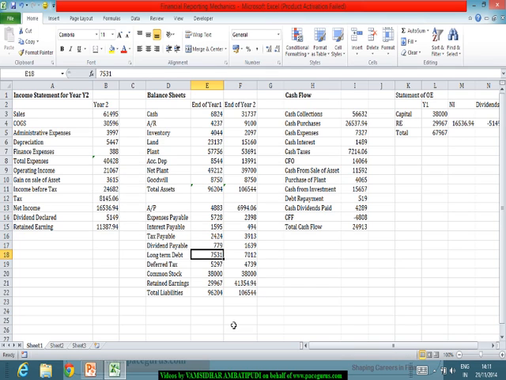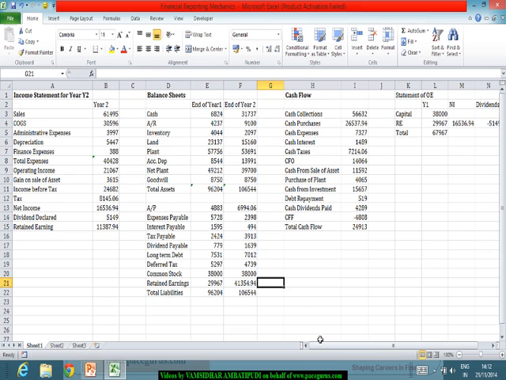Then I have a few financing activities: the long-term debt, the deferred tax, the common stock, which is the equity capital, and the retained earnings, the portion of the profit which has not been paid till date. Similarly, these are the numbers associated with the second year. Now, a few important relationships that I should see. This is the retained earning for year 1. This is the retained earning at the end of year 2.